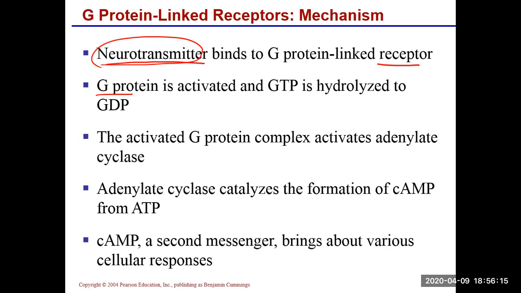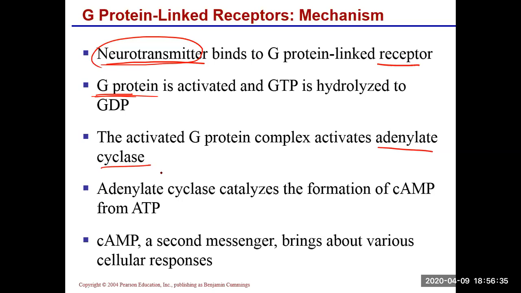Guanosine diphosphate and guanosine triphosphate are similar ideas, but basically this G-link protein gets activated, and as a result, that could trigger other things to get activated, like adenylate cyclase.